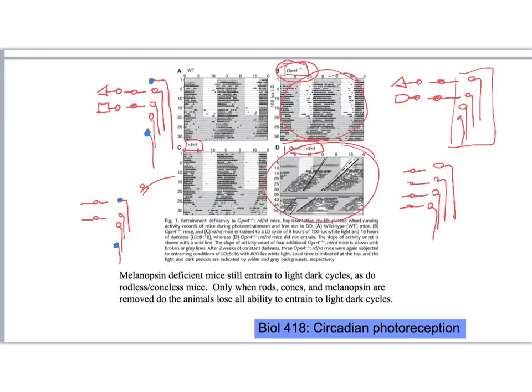So you have them through a light-dark cycle. They cannot show any entrainment. They are always free running, even if you put them into a light-dark cycle. So these mice behave as totally blind patients.